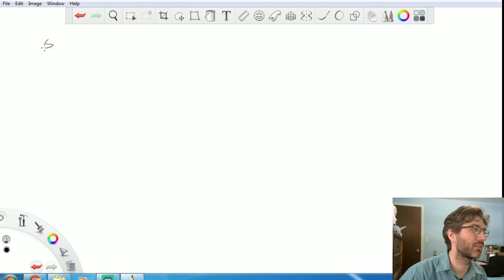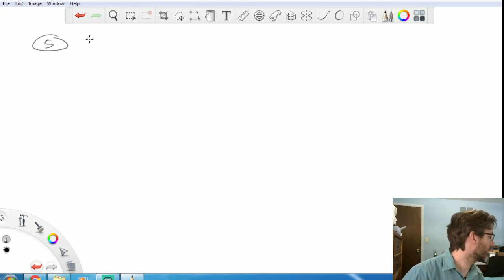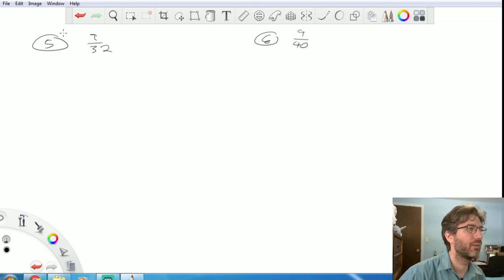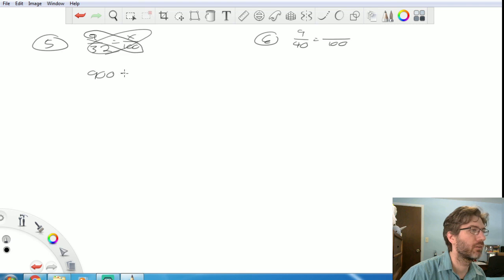5 and 6. What is 5 saying? 5 is saying 9/32, and 6 is saying 9/40. So again, all you're going to do is write them as a percent. 9 times 100 is 900, equals 32x.